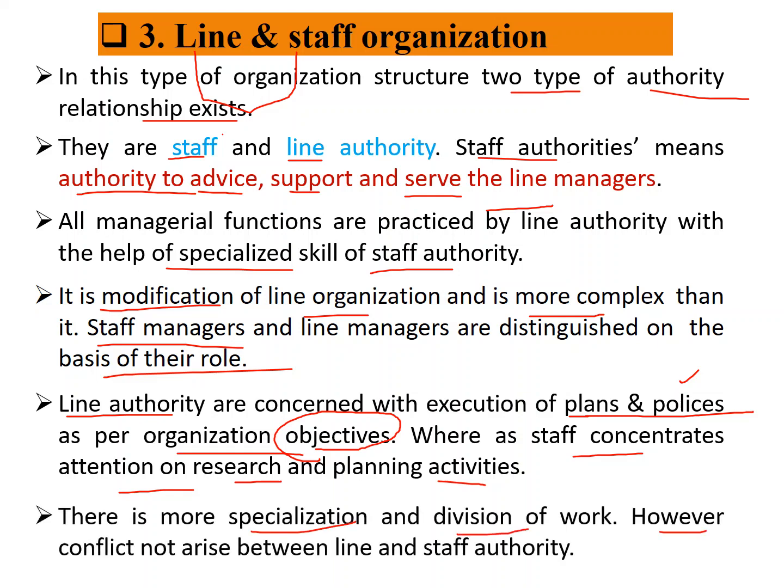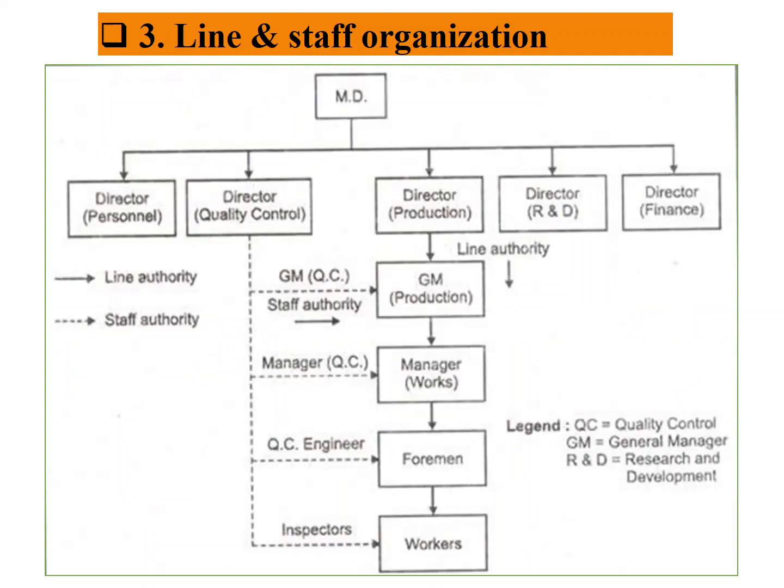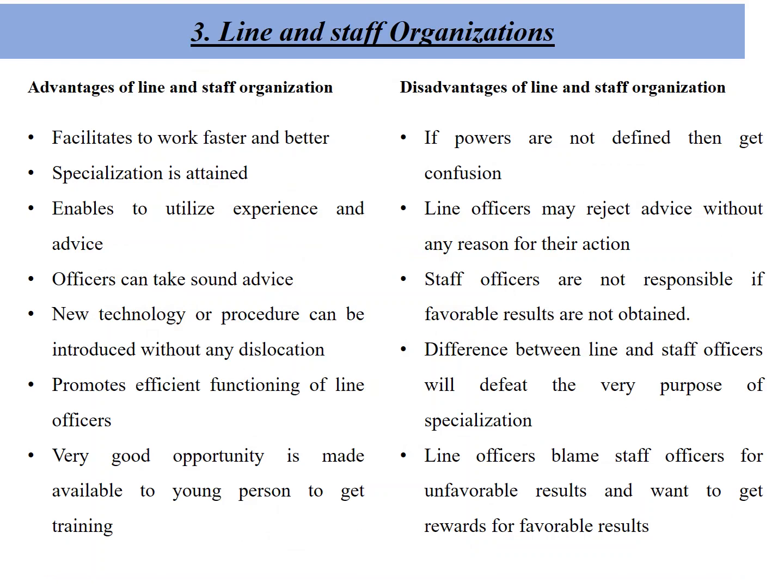However, conflict may arise between the line and the staff, as there is also a specialized staff and the line. According to specialization, line officers blame staff officers for unfavorable results and want to get the rewards for favorable results.